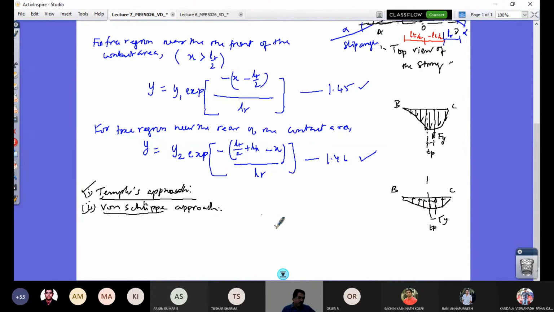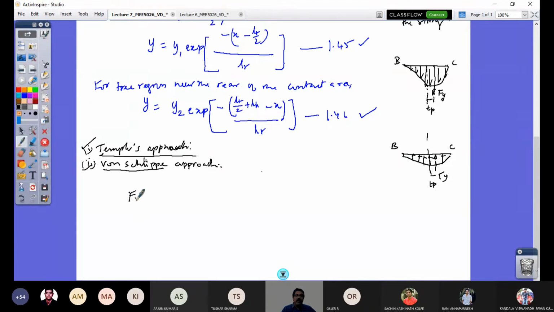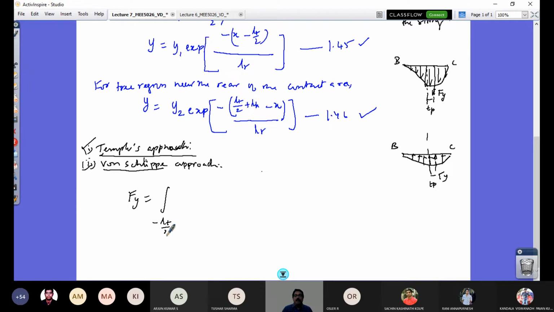So this is what is proposed by both of them. We are going to look at Temple's theory now. Based on that, how do you get it? It's very straightforward that my lateral force Fy is an integration. He says integrate it over the entire contact length. What is one end of the contact length? What is the position of X at C? It is minus LT by 2 and plus LT by 2.